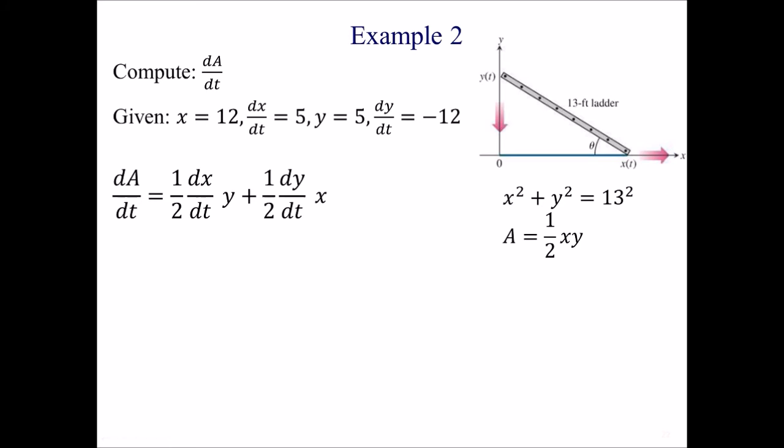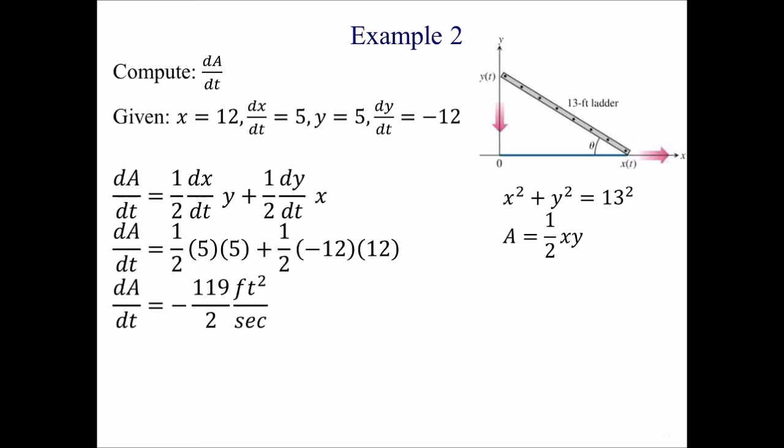Next, I check all the variables on the right-hand side to see if I have a value. So for dx/dt, I know that's 5. For y, that is 5 as well. dy/dt is -12, and x is 12. So all the pieces on the right-hand side, I know I have a value for them.